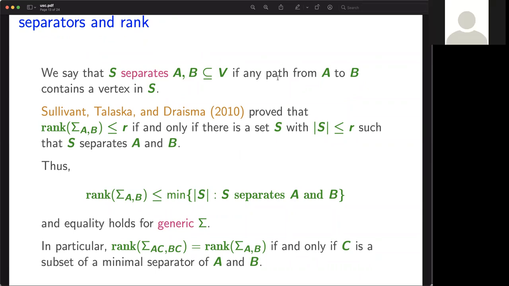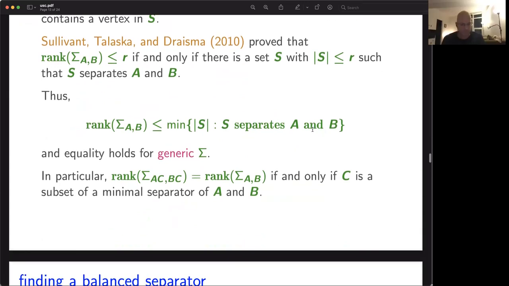I'm understanding this wrong somehow. The rank of sigma AB, if A and B are both single vertices, is always just a one by one matrix. That's just one. Right, and then there's no contradiction because there exists a set here. You can just take the set to be the vertex in A, and that will separate A from B because it satisfies this: every path from A to B. Okay, fair enough. So S doesn't have to be disjoint from A. Okay, thank you. Great.